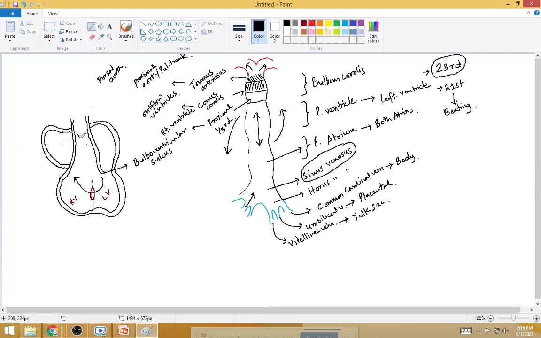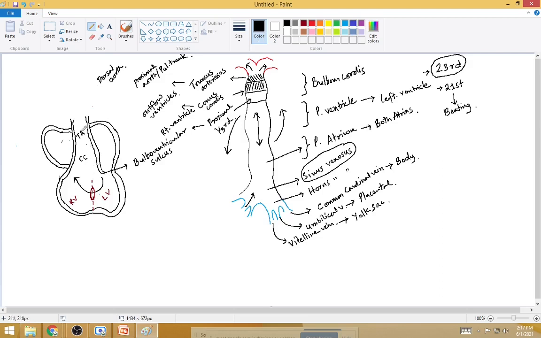Remember what was this? This was the truncus arteriosus. What was this? This was the conus cordis, isn't it? Now the conus cordis has to form the outflow of the right also and the left also. But previously it was only communicating with the right, then through it the left.